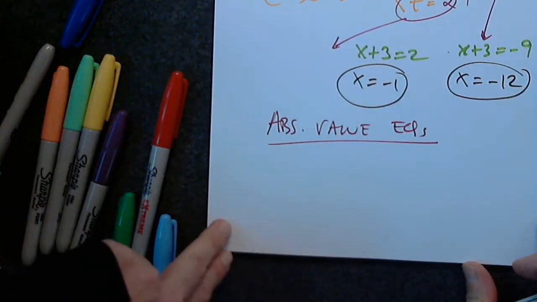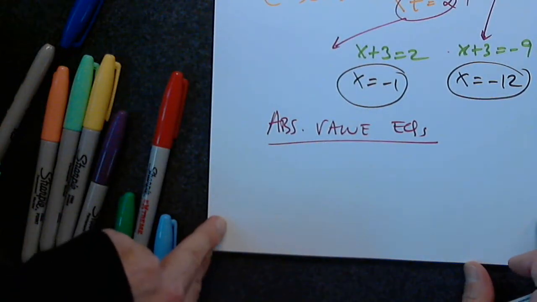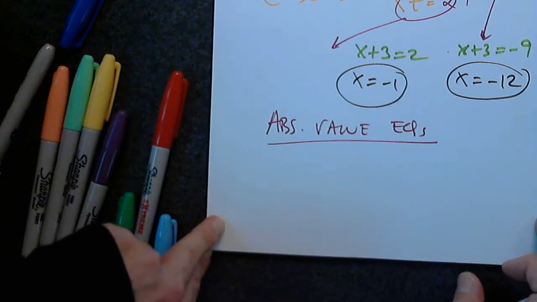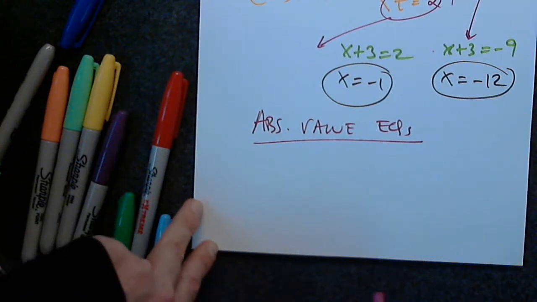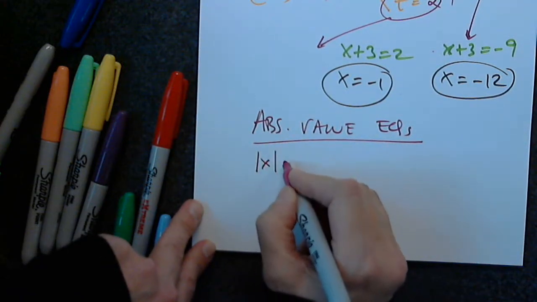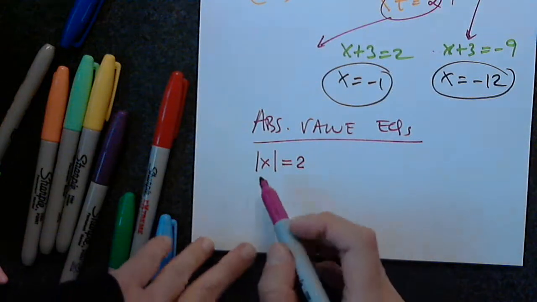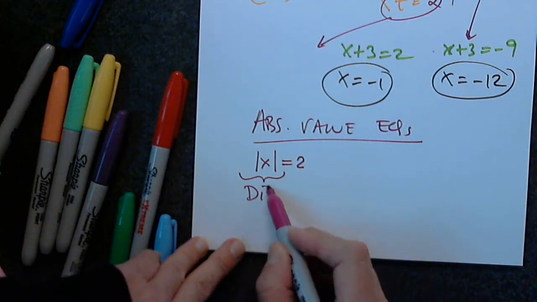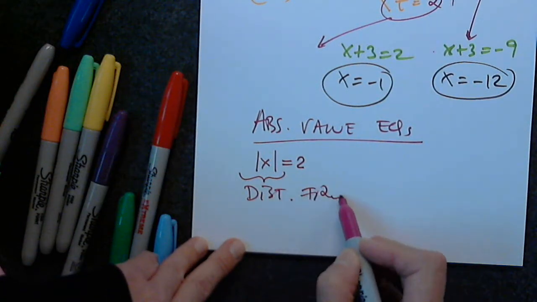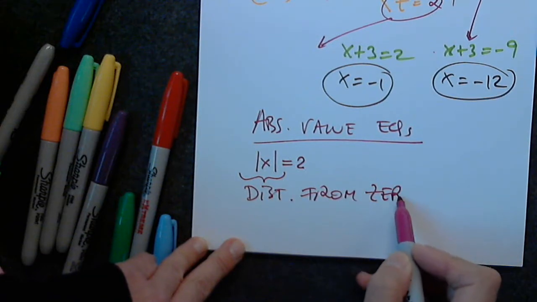Okay, let's talk about absolute value equations first with a very simple example, and then we're going to choose problems from the book. This is one of the simplest possible absolute value equations. Remember, this is the distance from 0.